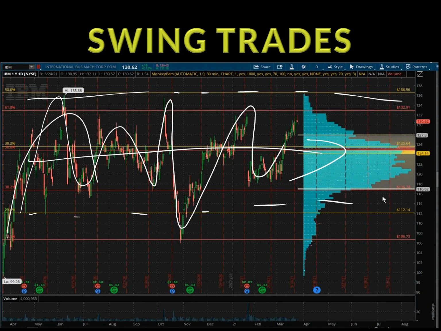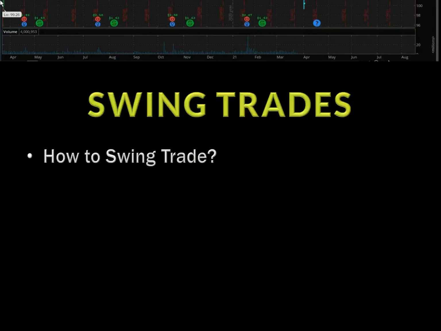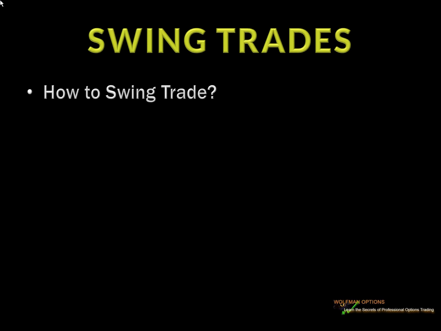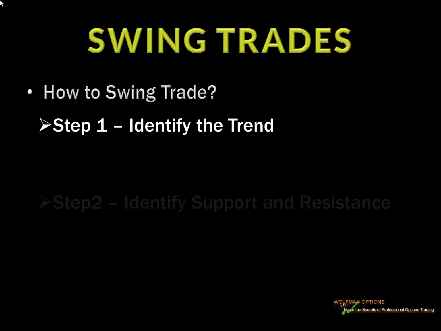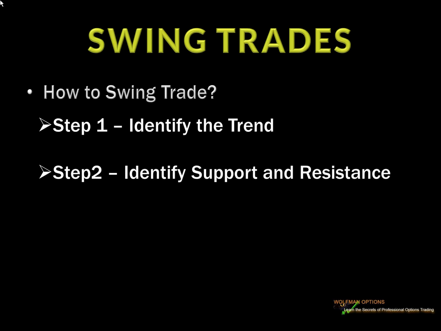This is where we're going to be trying to find locations to enter into different swing trades, okay? That's ultimately what we're trying to do: identify that overall trend, find the support and resistances.